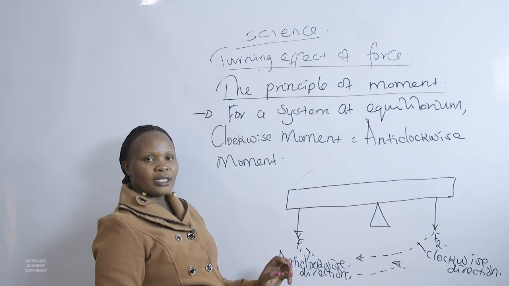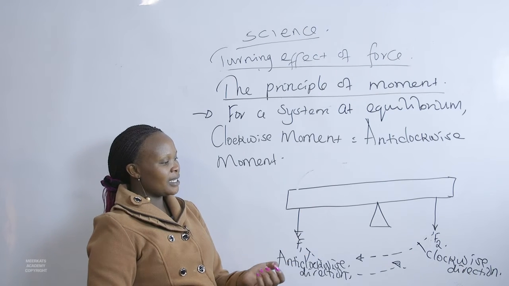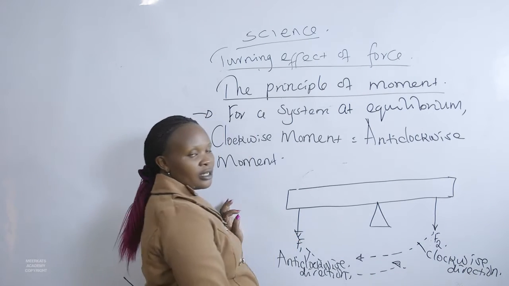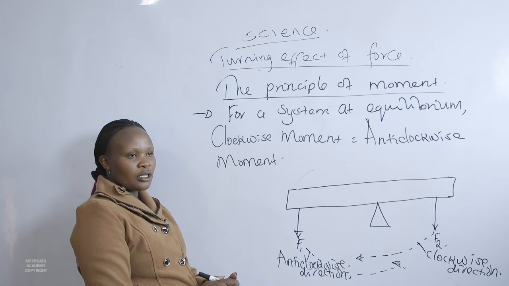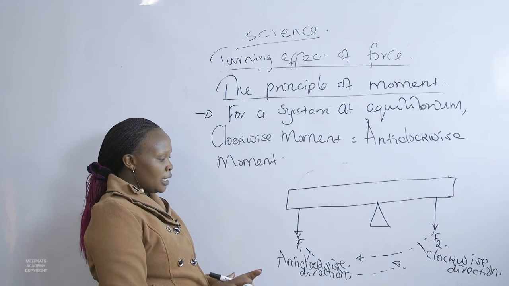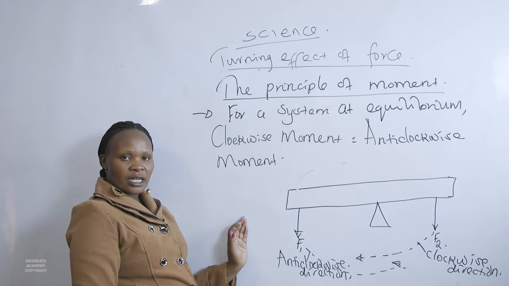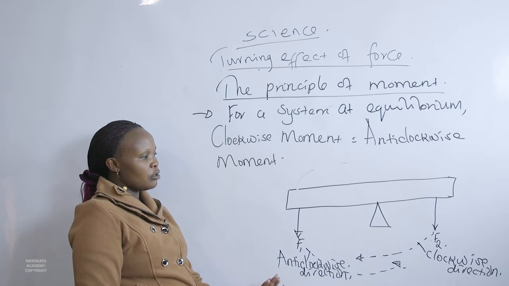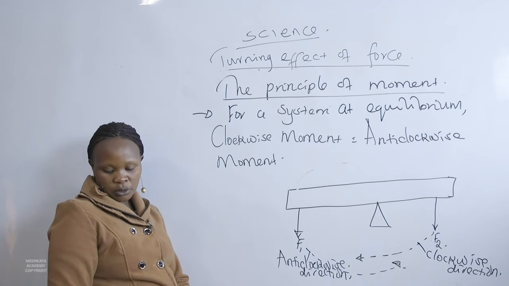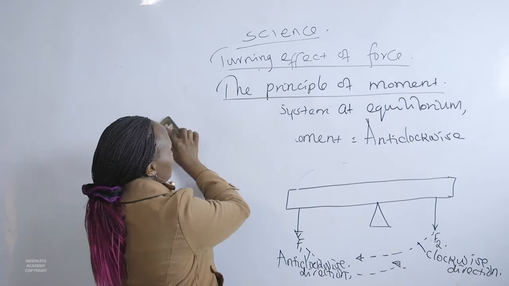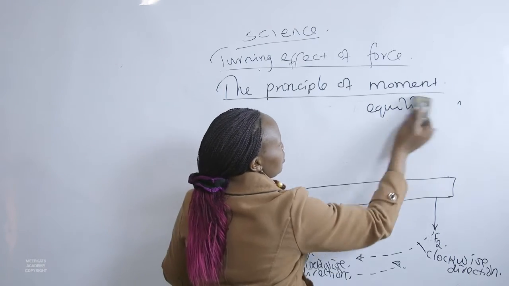Now, the moment that turns a system in the clockwise direction is what we call the clockwise moment. In the same case, the moment that will turn our system in the anti-clockwise direction is what we call anti-clockwise moment. Let us note that down.